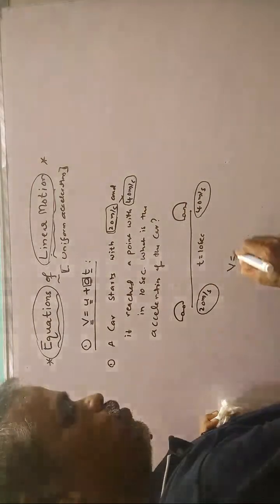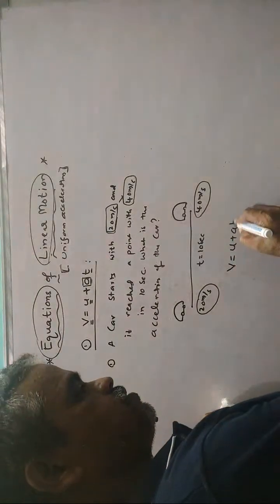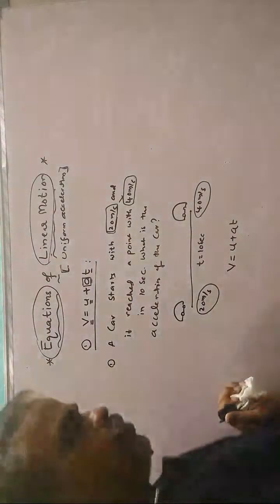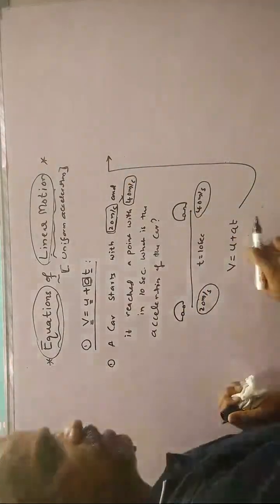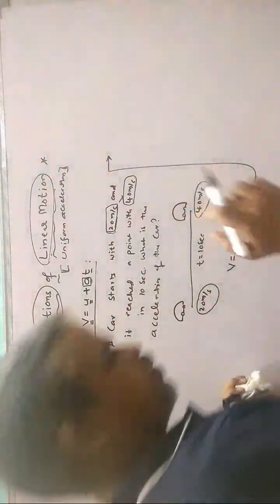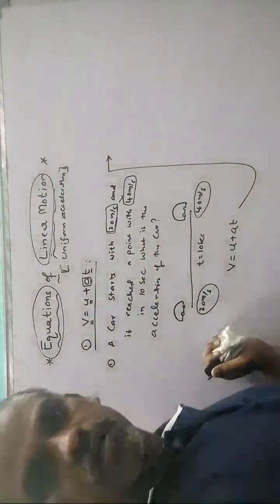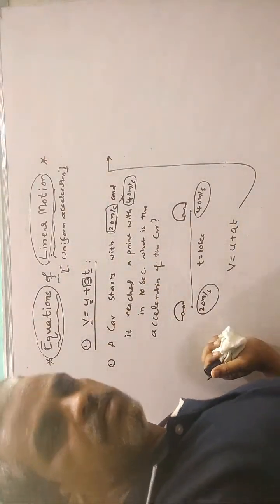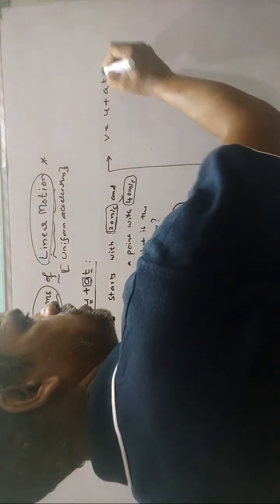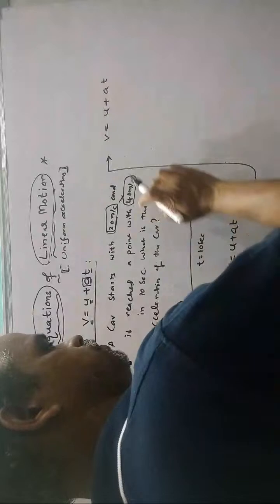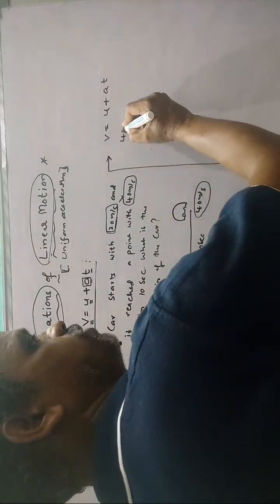So for this one, v equal to u plus at. We can apply this kinematic equation here. What is v? 40 meter per second.